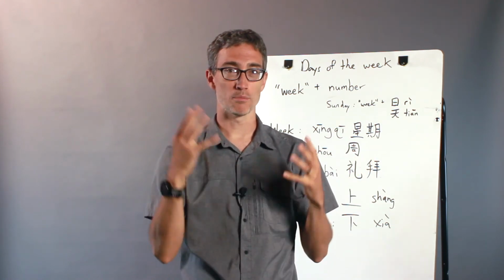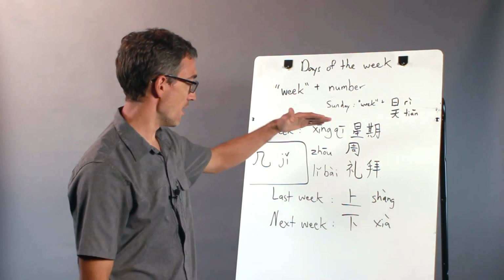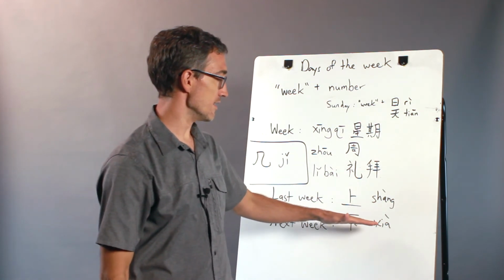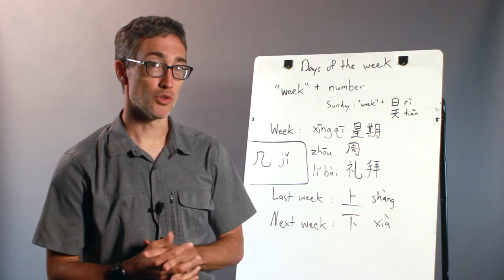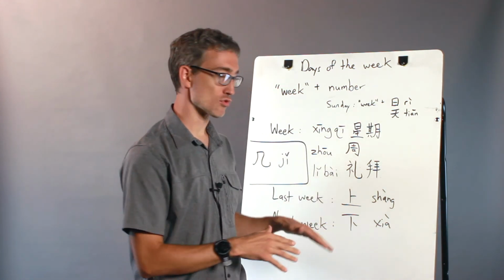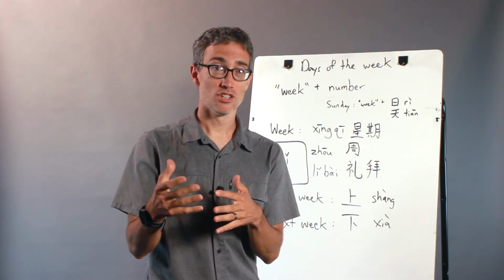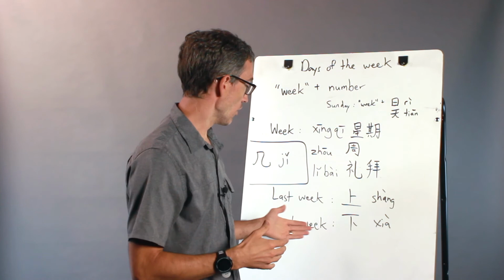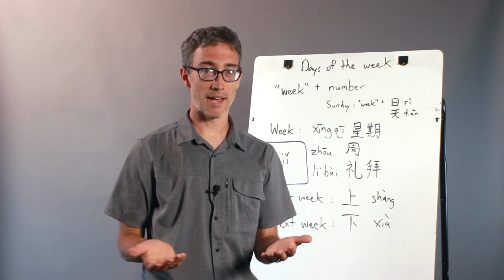That will help you visually remember that last week is 上, above, and next week is 下, below. You will use a measure word with it, though in this case, it can be dropped. Last week is 上个星期 or 上个礼拜. And next week is 下个星期 or 下个礼拜.